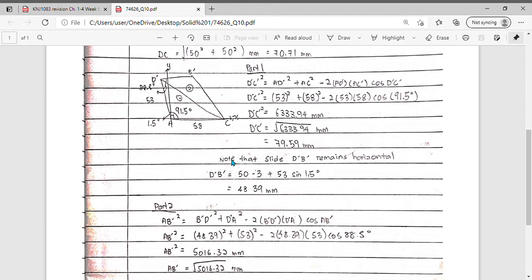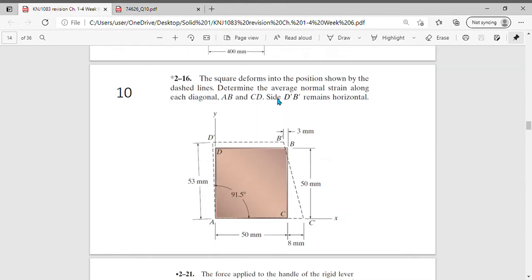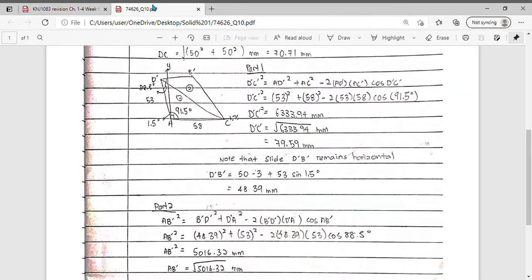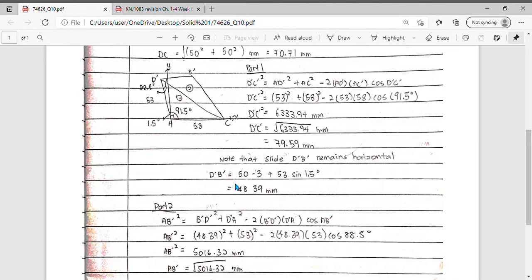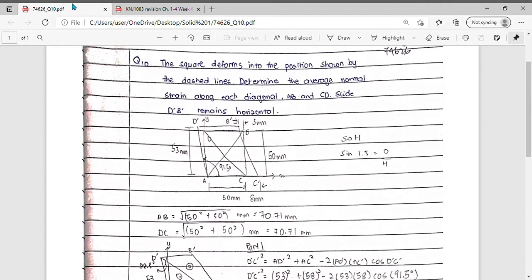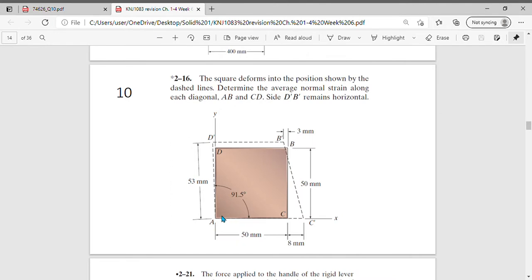Here it is said that side D prime B prime remains horizontal, which means it is not tilted. So here we need to find 50 minus 3, which means the original length. The original length here is 50, and then B prime has been shifted to the left by 3 millimeter.